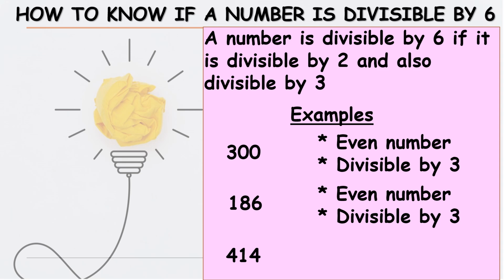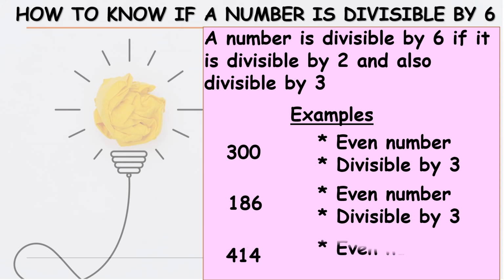So 4 plus 1 is 5, 5 plus 4 is 9. So 414 is divisible by 3 because 9, which is the sum of the individual digits, is divisible by 3.